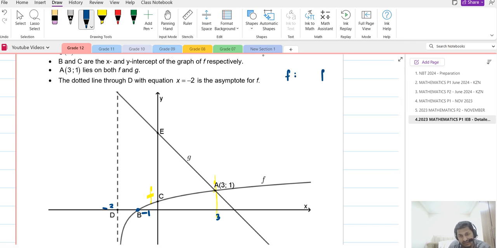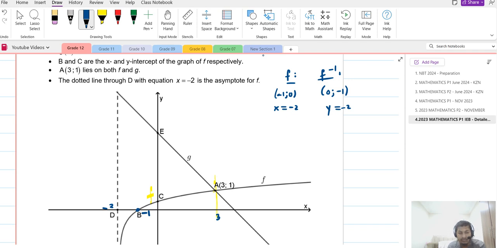On the inverse graph, what will you get? On the f graph is minus 1, 0, so on the inverse graph you're going to get 0 and negative 1. On the f graph we have a vertical asymptote which is x equals negative 2. On the inverse function you're going to have a horizontal asymptote which is y equals negative 2.